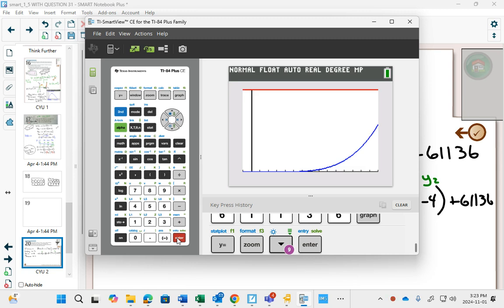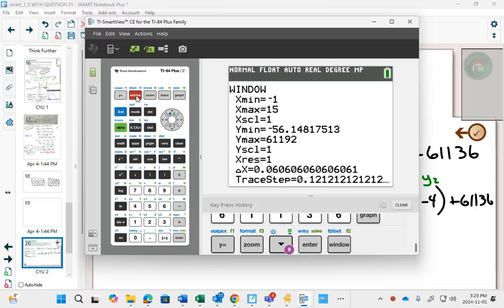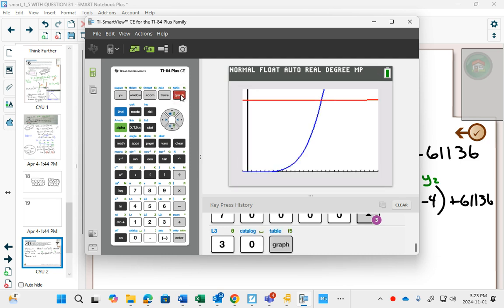Oh, it barely fit the red one at the top, and it fit the blue one. But I don't see them intersecting yet. So I'm going to go to my window. Maybe I'll make my max higher. It was at 61,000. I'll make it 70,000. Maybe I'll change my maximum this way to 30 and see what that does. Ooh, my two graphs now intersect.